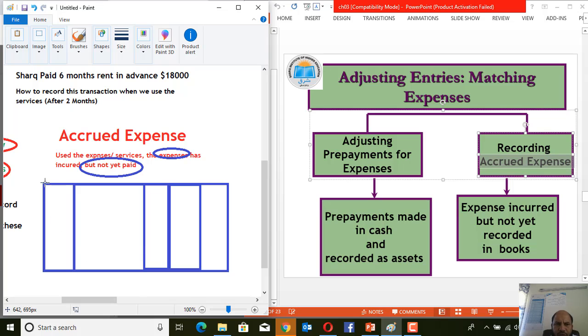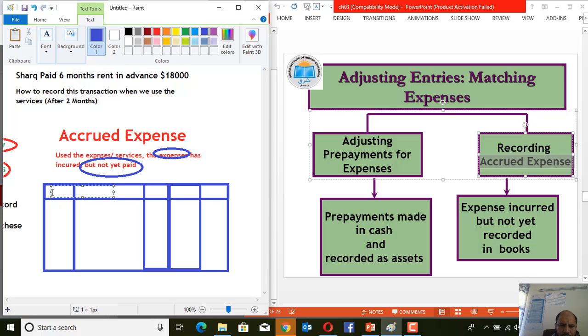Now let's write down the titles of each column. First column is the date column. Second column is the description column. The third column is the reference number. Fourth column is the debit record, and the fifth column is the credit record.